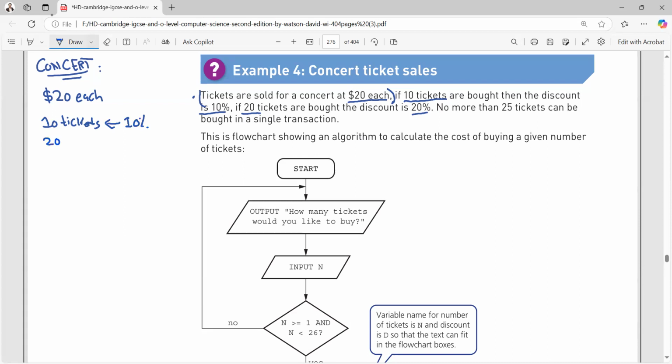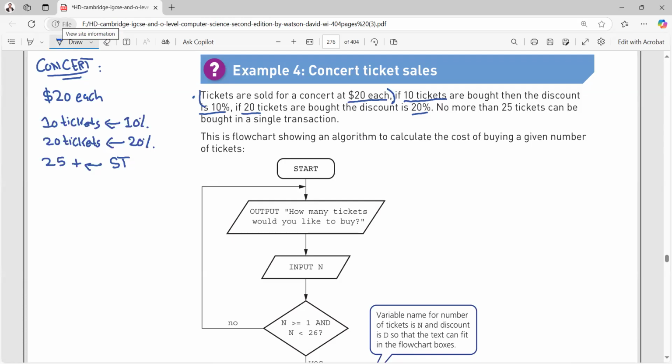If you are purchasing 20 tickets, then your discount will be 20%. And no more than 25 tickets can be purchased in a single transaction. Now, this is the question. Any confusion in this?